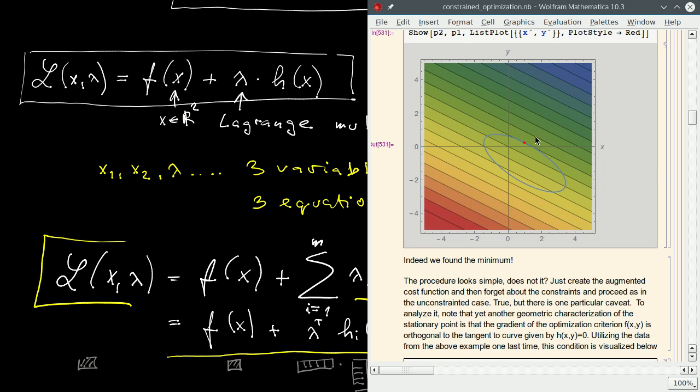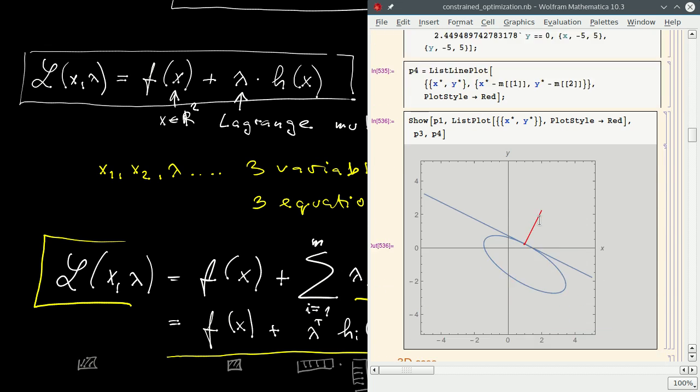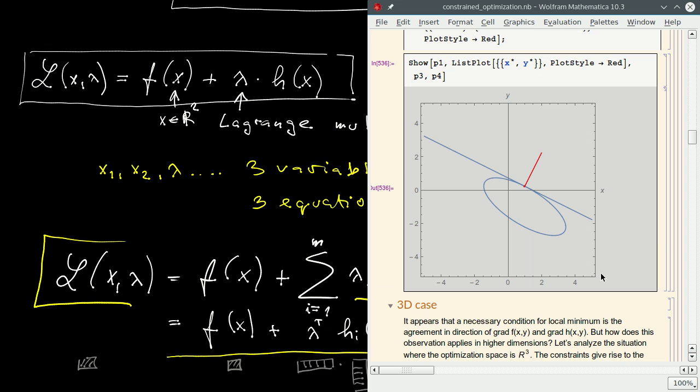We said that either the contour lines are collinear or the gradients are collinear, or by combining these two we can argue that at the critical point the gradient of the cost function, in this figure given by the red line segment, is orthogonal to the tangent line to the feasibility set, to the set of feasible solutions.